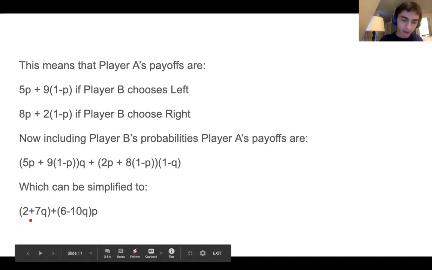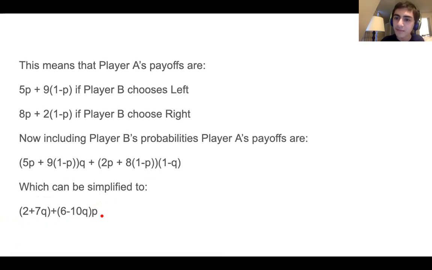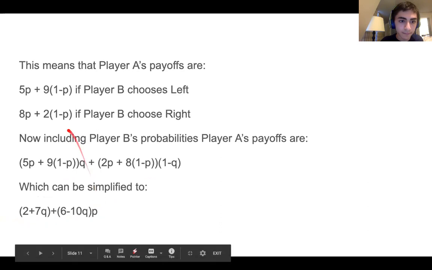All right, so we have this simplified form, 2 + 7q + (6 - 10q) times p. So remember, player A can only, no spoilers, player A can only influence p. Did you switch to 2 and the 8? No, I did not. Yes, I did, but don't worry, it's correct.